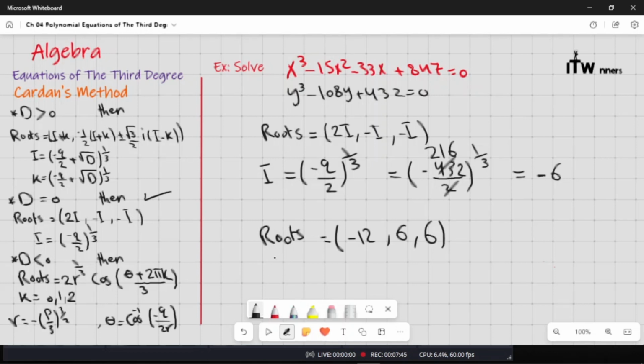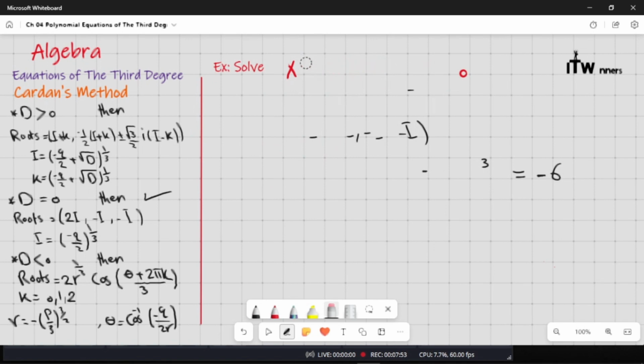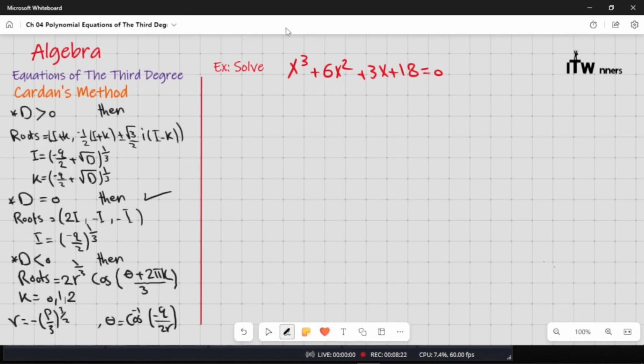Let's move to another example. The second example asks to solve the equation x cubed plus 6x squared plus 3x plus 18 equal to 0 as we did before.